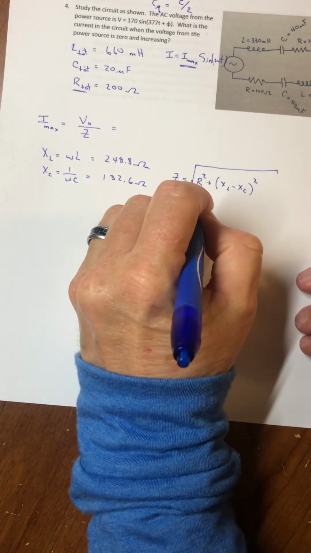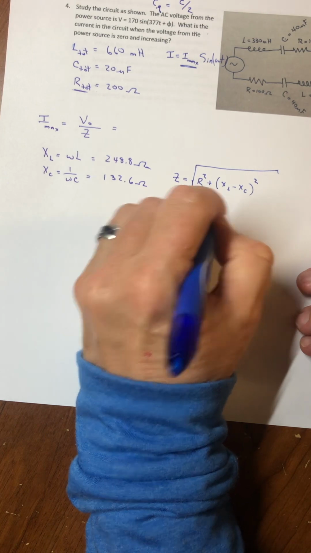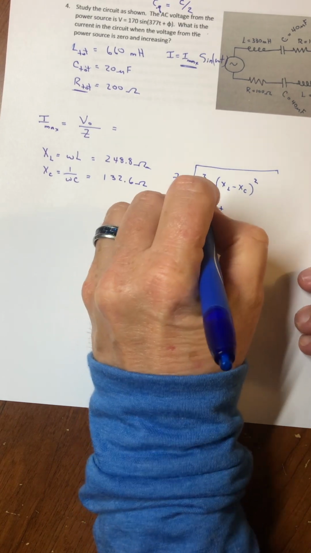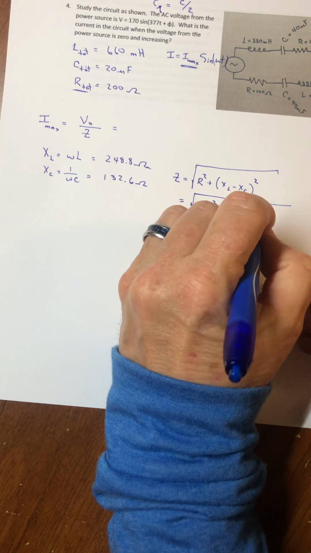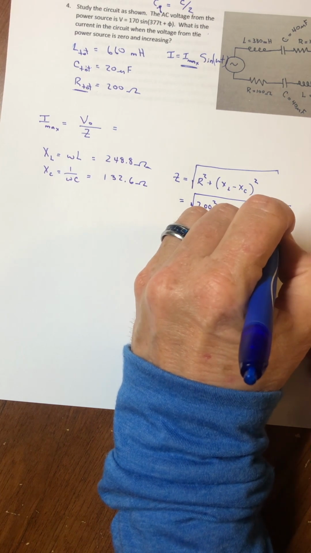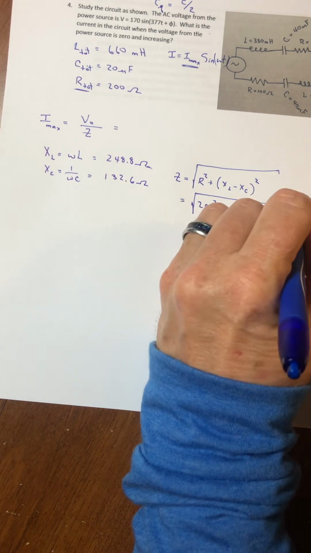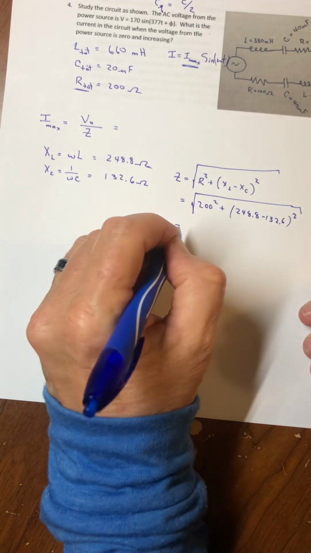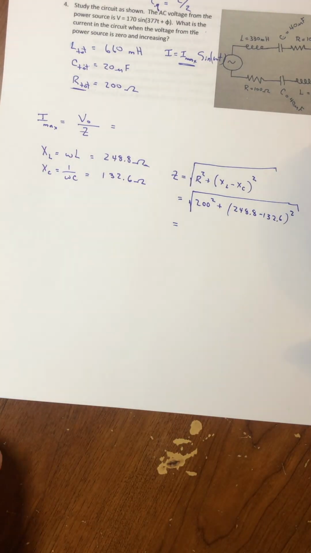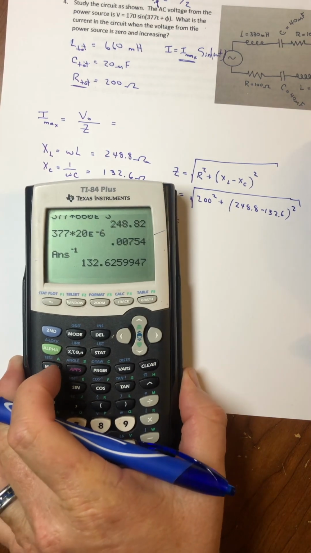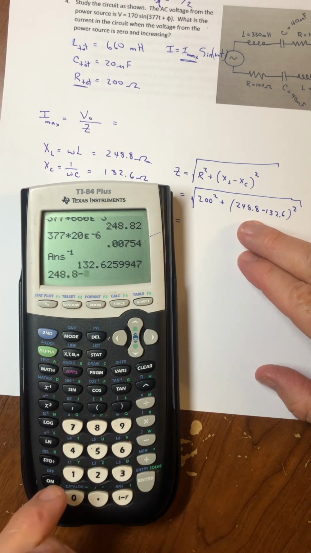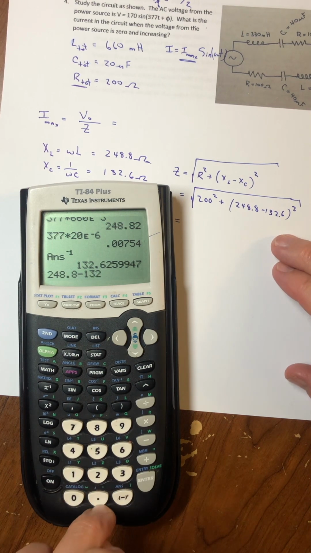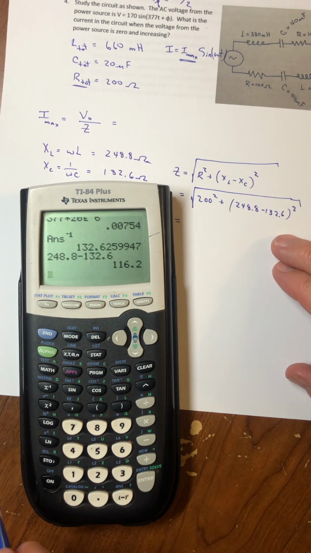And so mathematically, this would be 200 squared plus 248.8 minus 132.6 quantity squared. And this would be the total effect, if you will. So 248.8 minus 132.6.